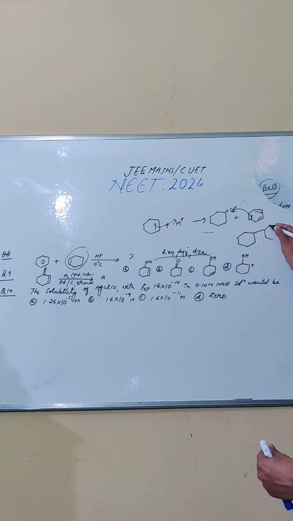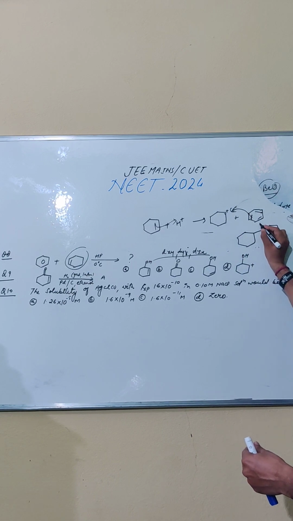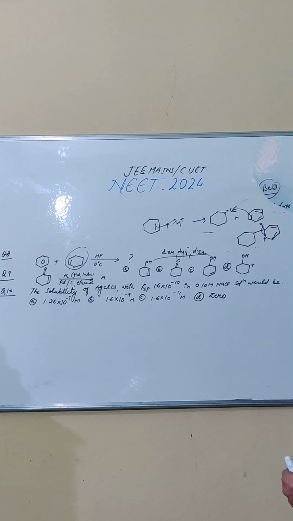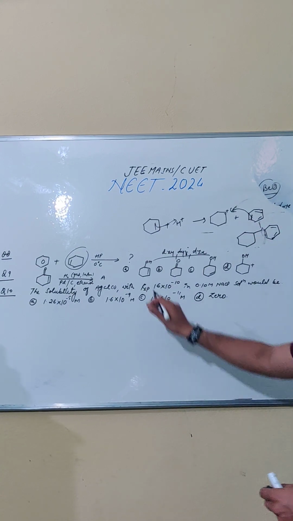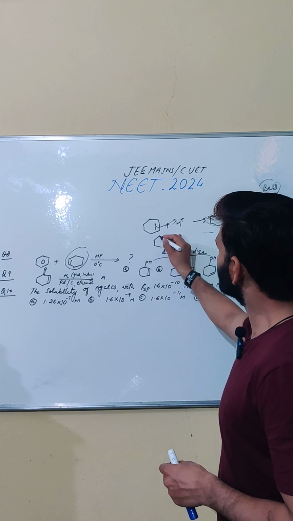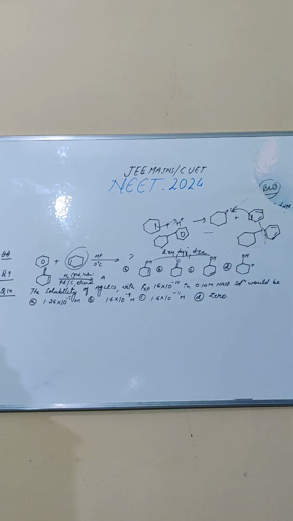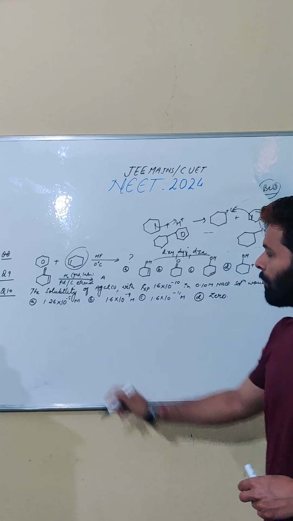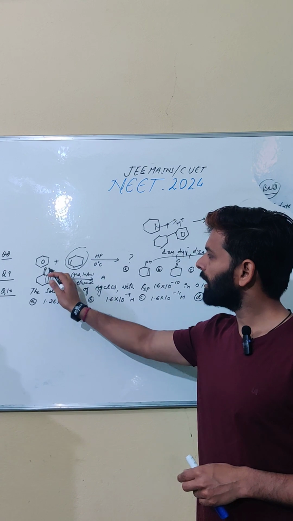Then we will get a positive charge here, because this carbon will attach with this carbon, and then this hydrogen will shift its bond and get liberated, and ultimately we will get this. So the product will be cyclohexane attached with benzene.